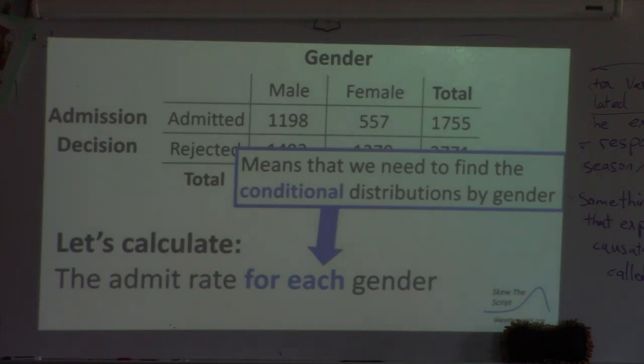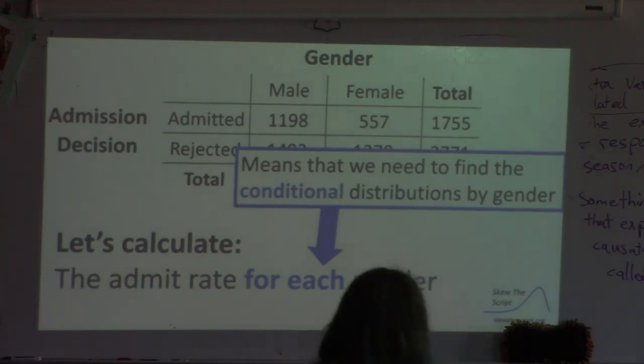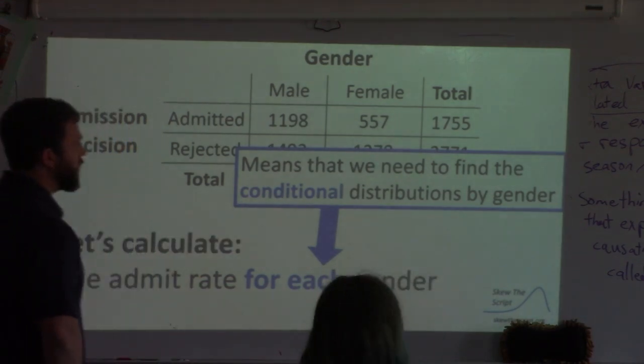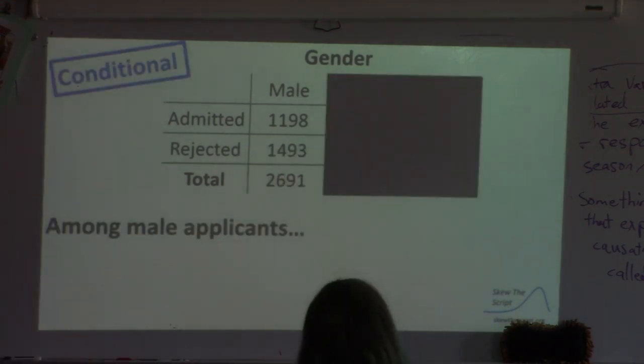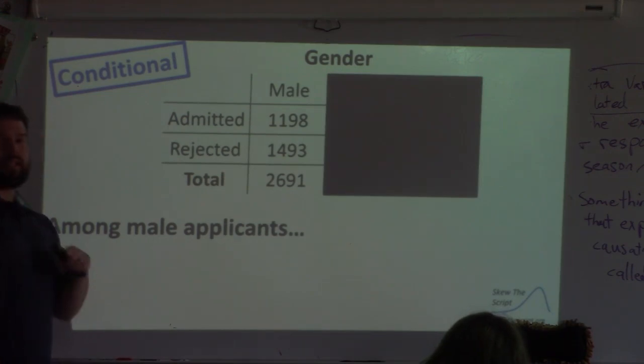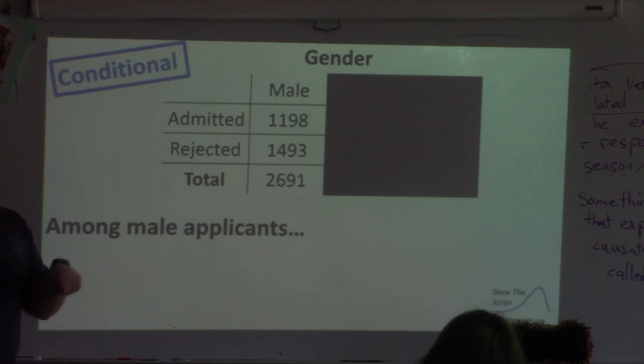Alright, so the admit rate for each gender. What we're going to do is find a conditional distribution by gender. A lot of y'all did this well on the notes, but I want us to think about this. What was the admittance rate for males? Notice, what condition am I setting? Male applicants. I'm looking only at male applicants, right? So what was the admission rate for male applicants?